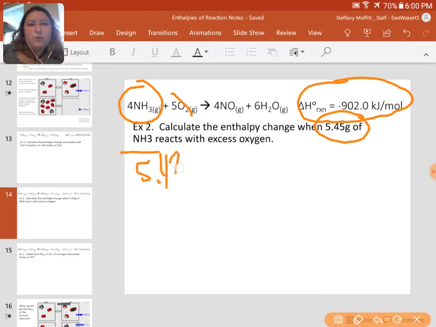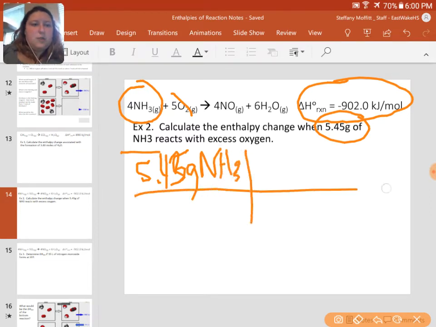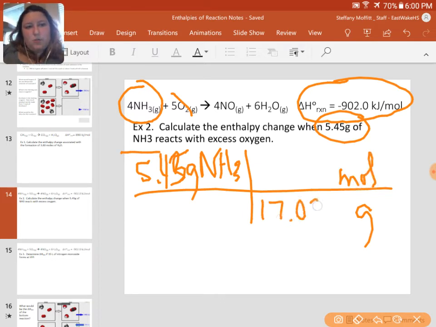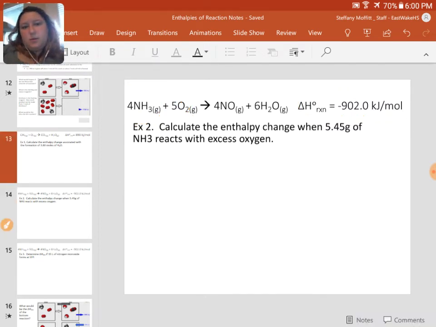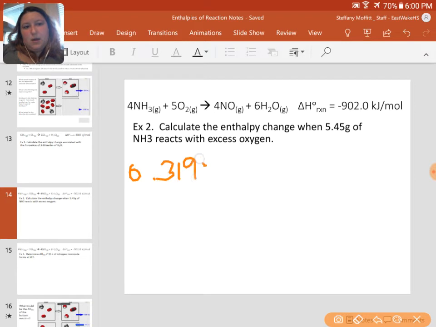5.45 grams of NH3. Simple stoichiometry here. I put my molar mass on the bottom. My molar mass is 17.034. I get 0.3199 moles of NH3.